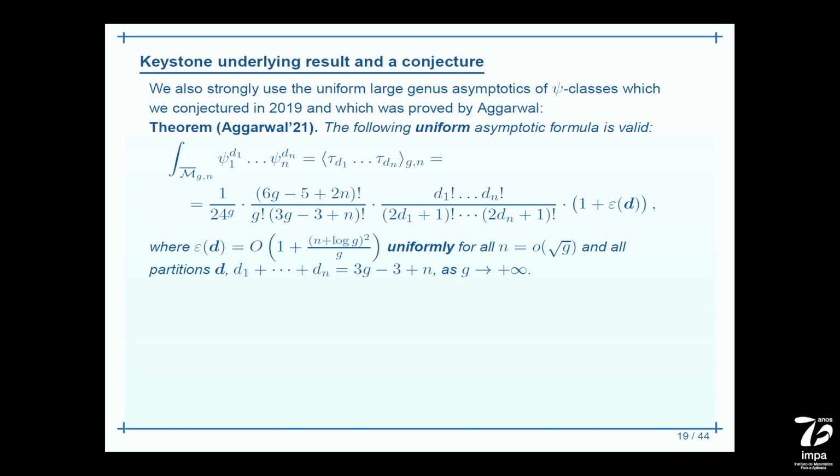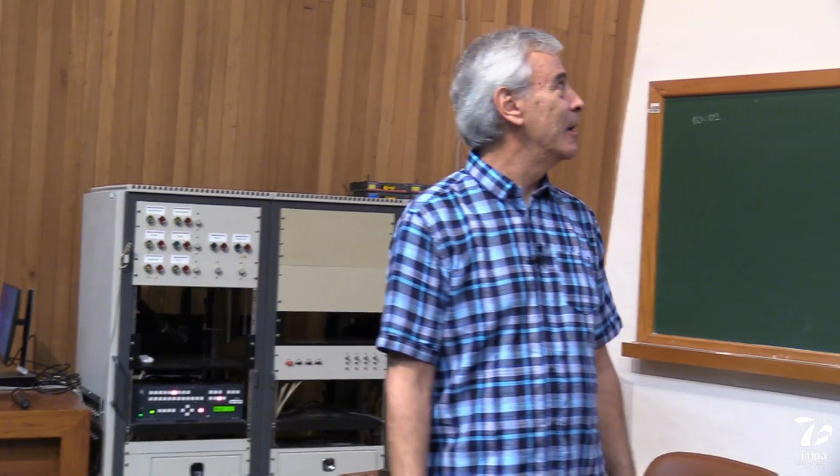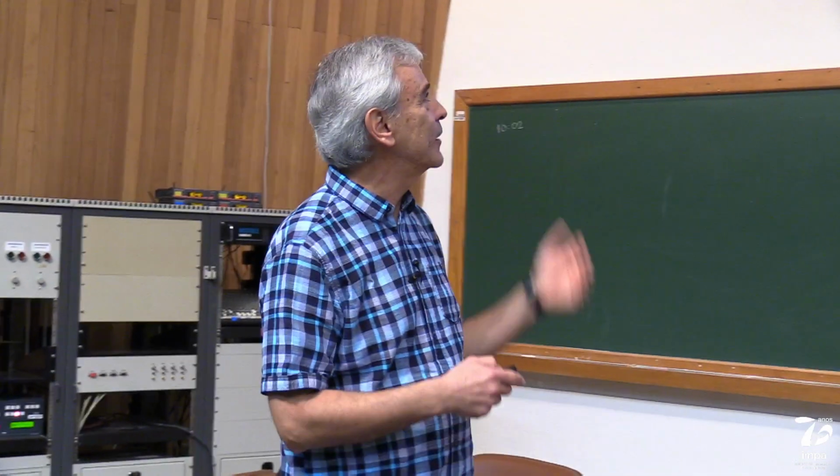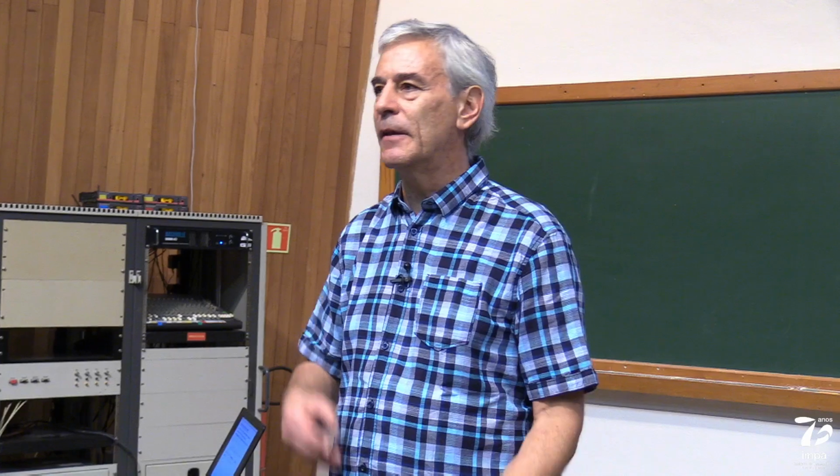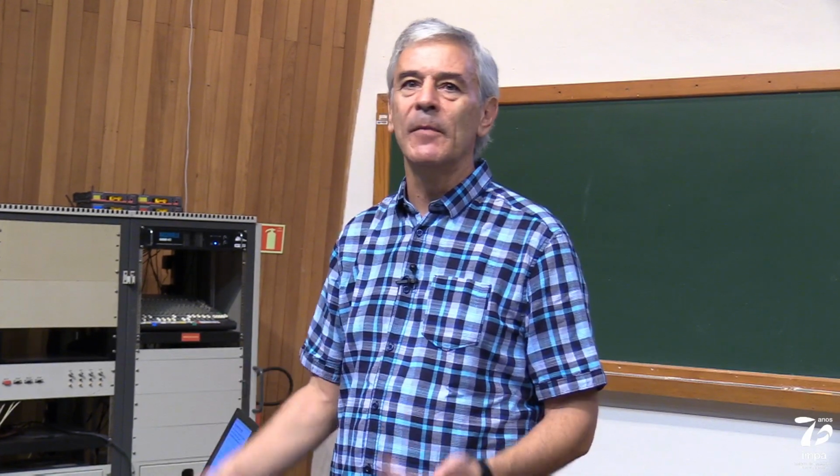This is extremely famous, and there were four Fields medals designated for different proofs and different things about Witten's conjecture, telling that if you wrap these numbers into a generating function, then this generating function is very special and satisfies certain equations.